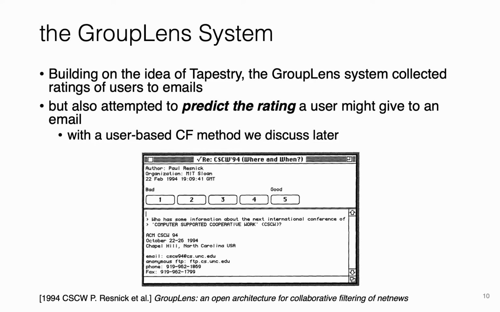The distinguishing characteristic of the GroupLens system compared to Tapestry was that it was trying to predict the rating a user might give to a specific email. And this predicted rating is then going to be used to prioritize the emails a user sees. The specific approach that was introduced for this goal is user-based collaborative filtering, which we'll be discussing later.